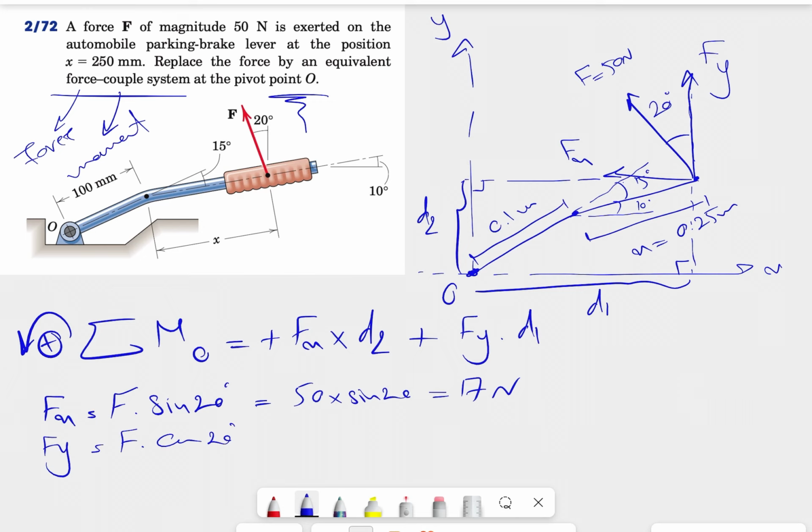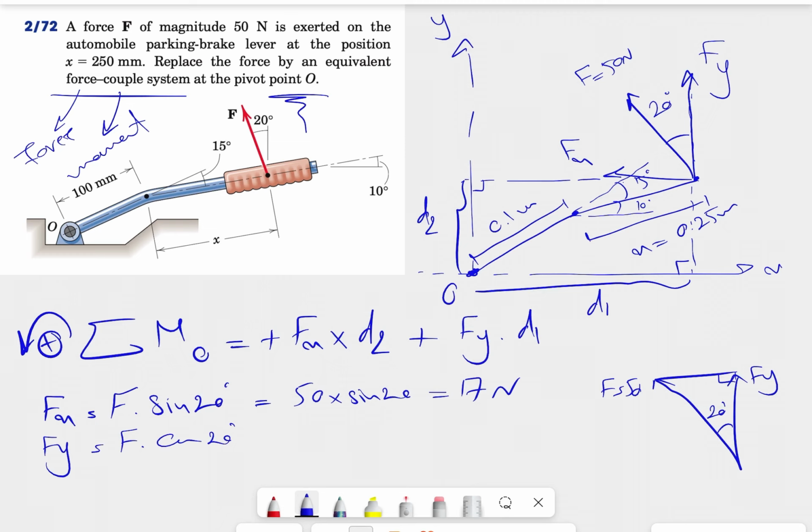And for Fy, we'll have F cosine of 20 degrees. If we want to figure out how we are finding these, we have this F as the hypotenuse of this right triangle, and this will be our Fy. And we know this angle is 20 degrees.